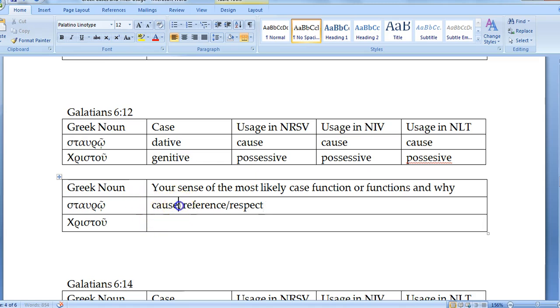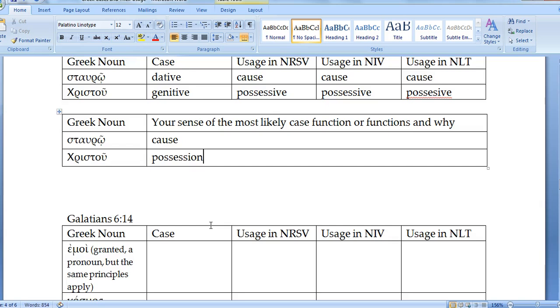So maybe I should ditch that as even an option in my handbook. And possession really does seem to be, even though it's not technically possession like Christ owned the cross, but it's that unique relationship, Christ's cross as opposed to any other crucified victim's cross.